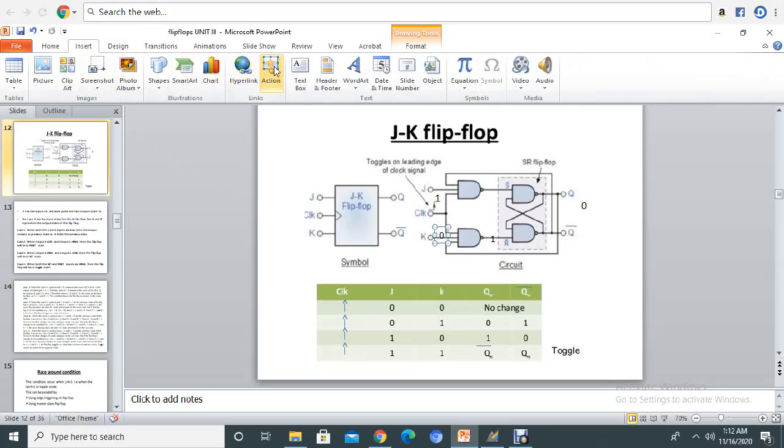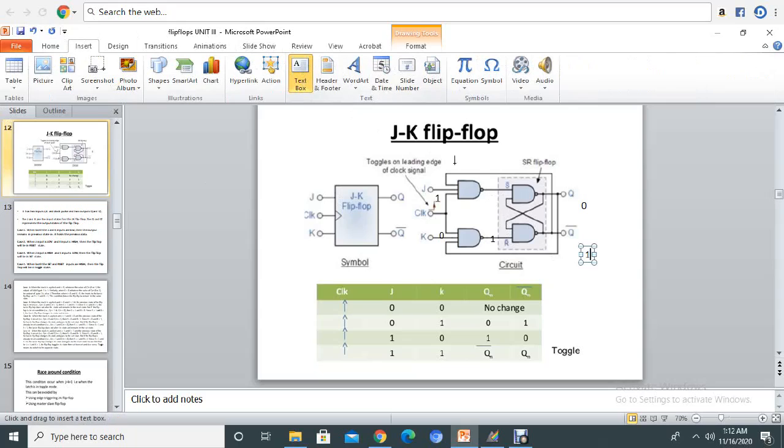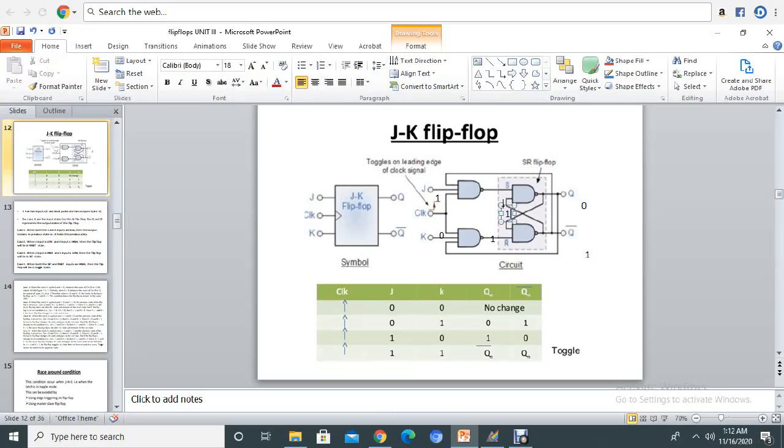So Q bar is 1. This one is applied to here. So here also we have 1. This 1 is applied to here.